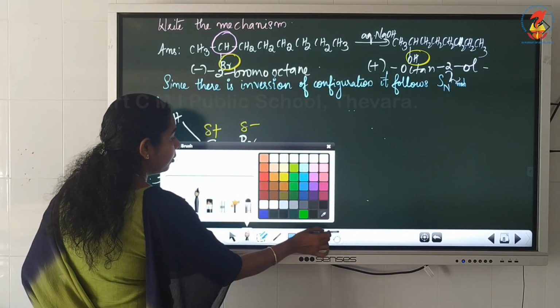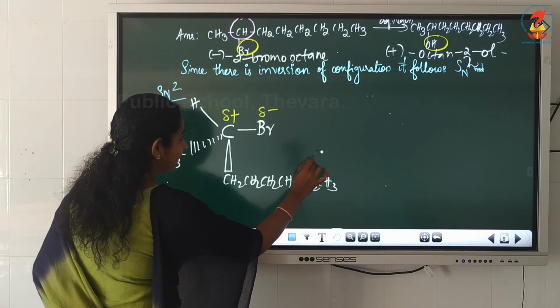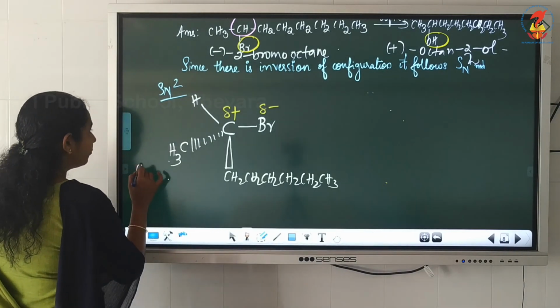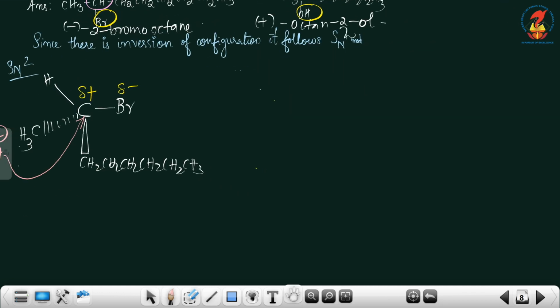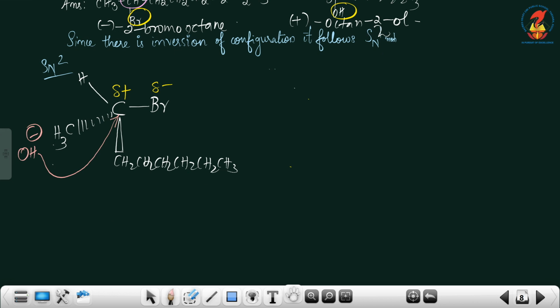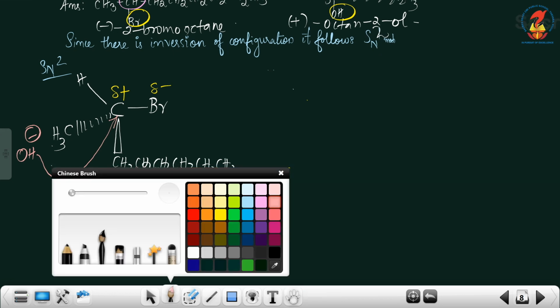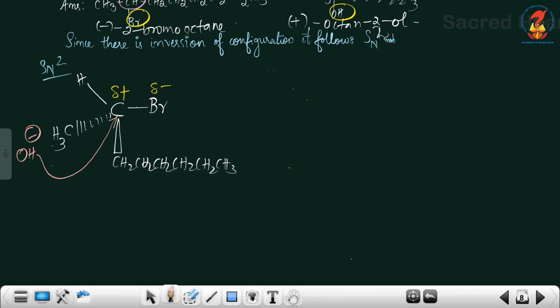Now how is the attack of the nucleophile? Yes, in SN2 the nucleophile attacks from the back side of the leaving group, and the attack will be on the X-attached carbon. Now when the nucleophile attacks from the back side of the leaving group, here one arrow we forgot to draw, that is bromine will be leaving as Br minus.